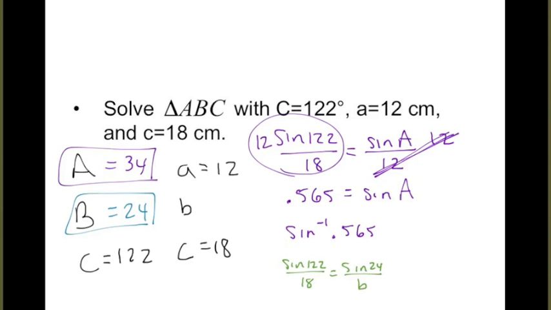And this is exactly like the first kind of problem now to solve for a side. So I'm going to cross multiply. And divide out by sine of 122. And you get about 8.6.